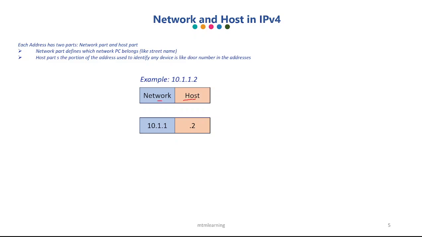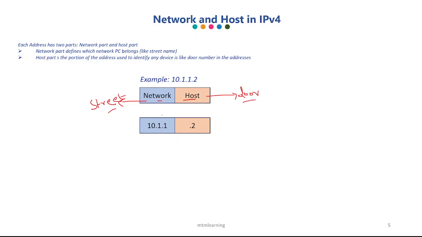You can take this as a way to identify which street you belong to, and this is something like identifying your door number. So if that's the case, in order for packages to come, they need to know both things. They need to know the street and they need to know the door.